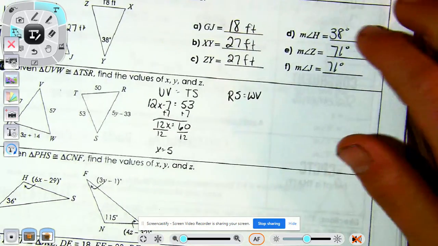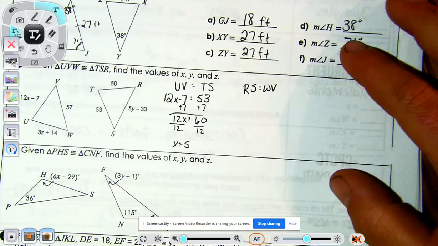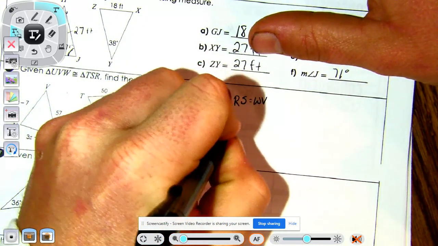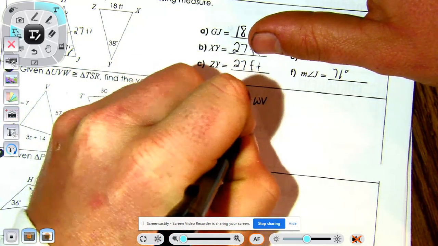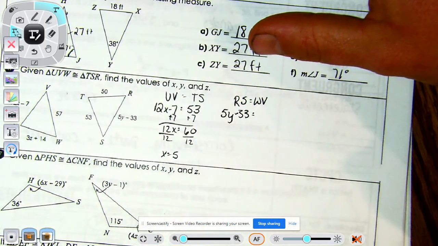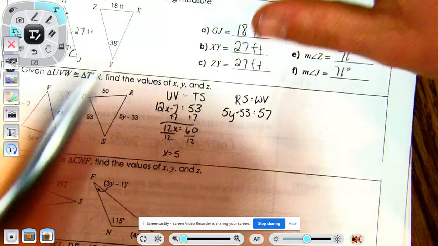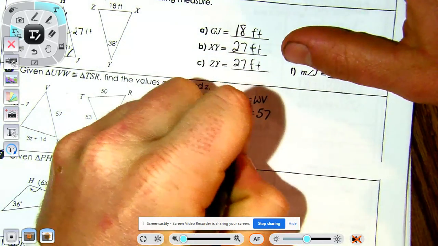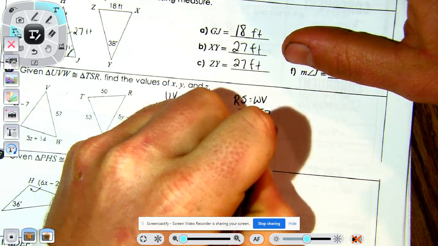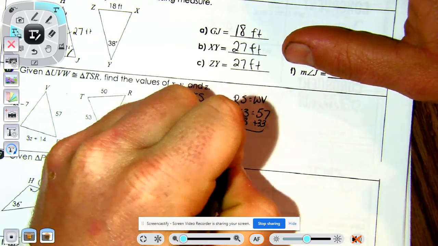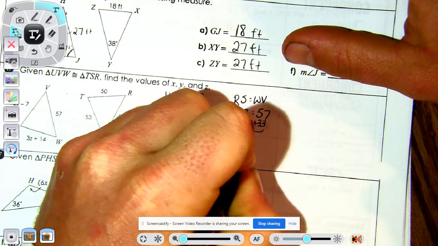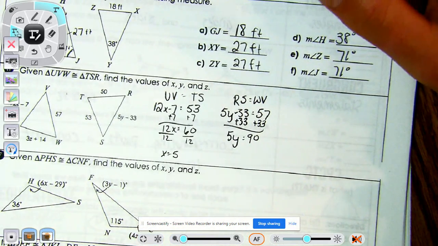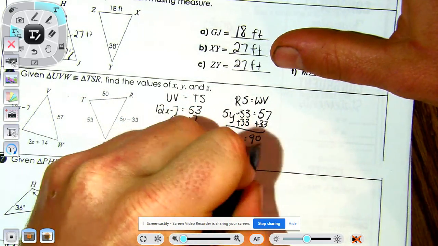Plugging in what I know. 5Y minus 33 is equal to 57. Combine like terms, I would add 33, add 33. 5Y is equal to 90. Divide by 5, divide by 5, Y equals 18.